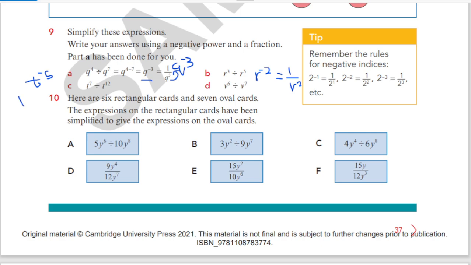In fraction form you will write 1 over t power 5. Okay, 6 minus 7 will be v power minus 1. To write it in fraction form, you will write 1 over v. You don't need to write 1; if you want to write 1 you can, but without 1 it's okay. So you wrote these answers in negative power and in fraction as well.